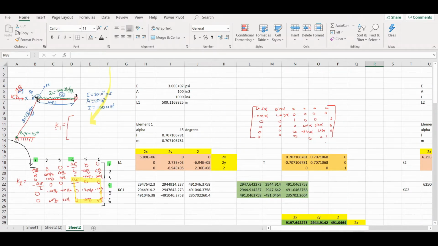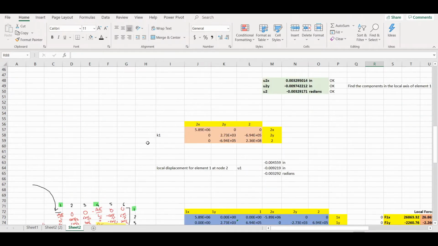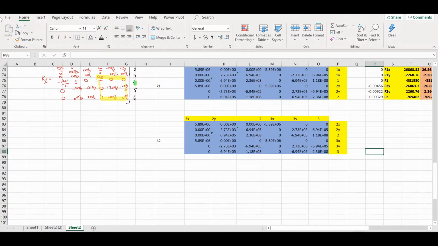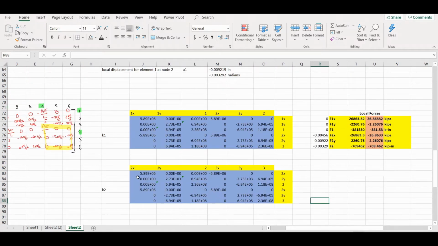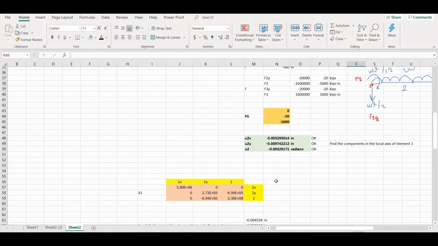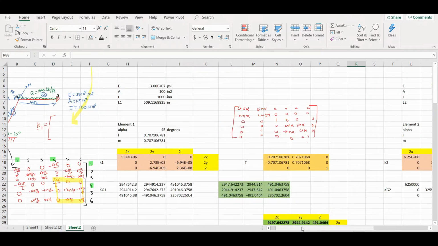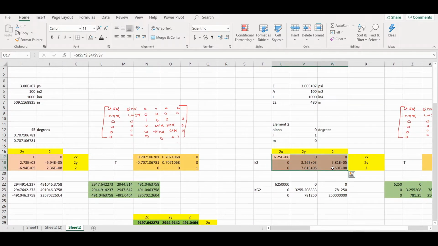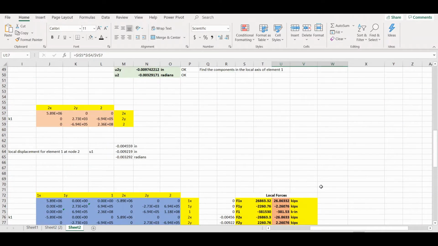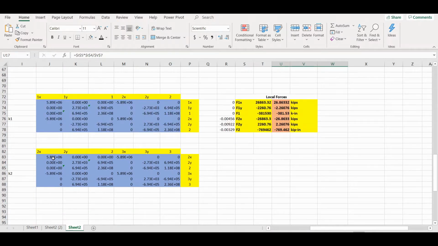Here node 2 and node 3. So for this part we will have a different matrix. Let's go to our 3 by 3 matrix for element 2. Just copy this, and this will correspond to this one right here.